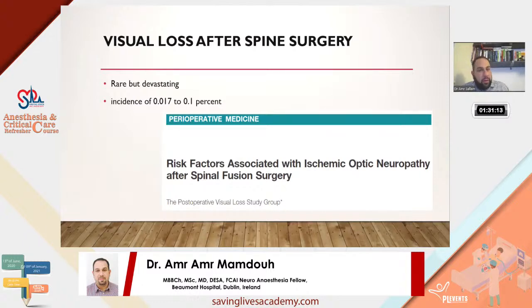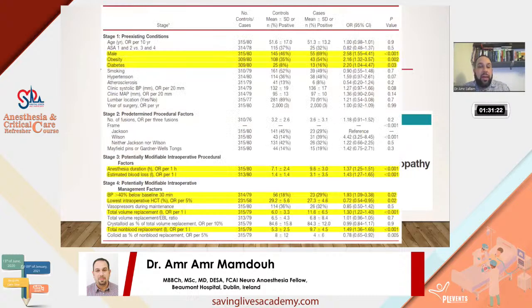And actually in the United States in 2012, they developed a group to study the whole American registry, and they searched for all variables in all patients. And they concluded that there are some variables that may increase the incidence of postoperative vision loss.